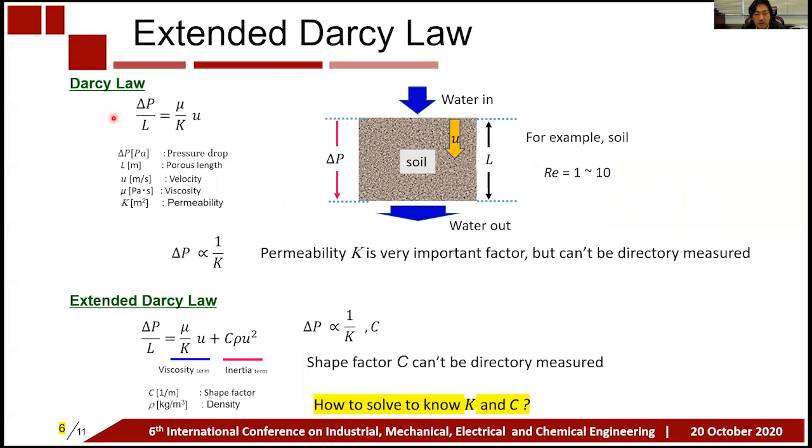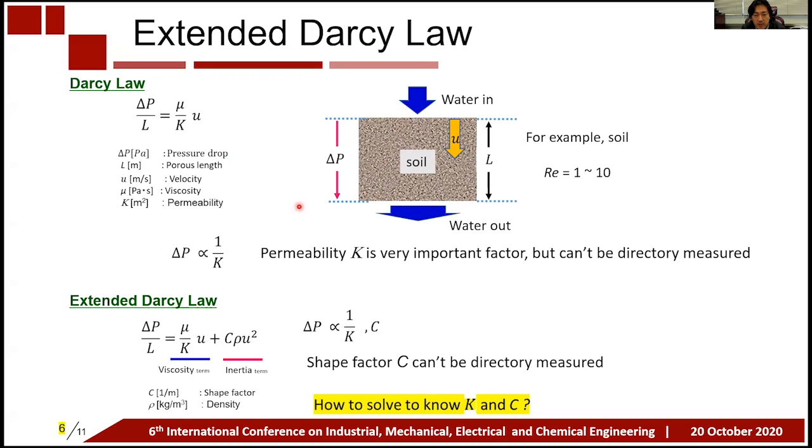There is Darcy's law, used in civil engineering, that describes the relation between the velocity of water flowing through the soil and the pressure drop.